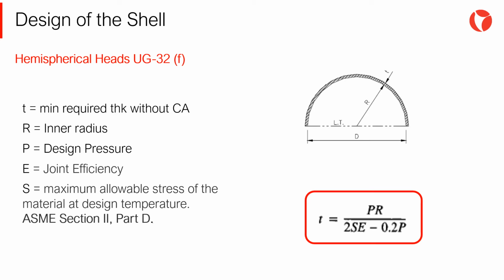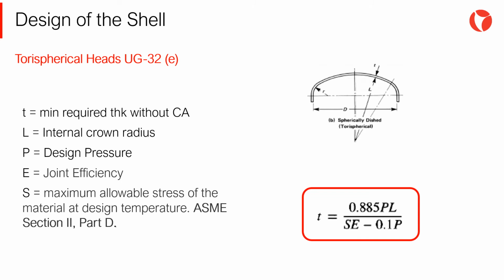The variables intervening in the required thickness calculation are the same as in cylindrical shells. These heads are very similar to elliptical ones, where the height of the head is variable and normally lower than in the case of elliptical. Once again, the variables intervening in the required thickness calculation are the same as in cylindrical shells.